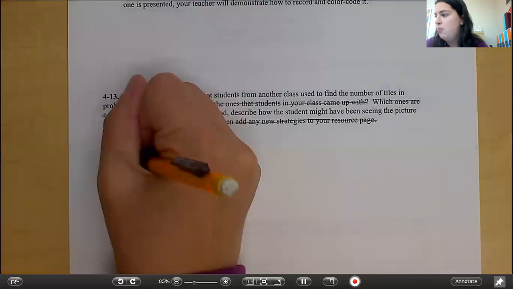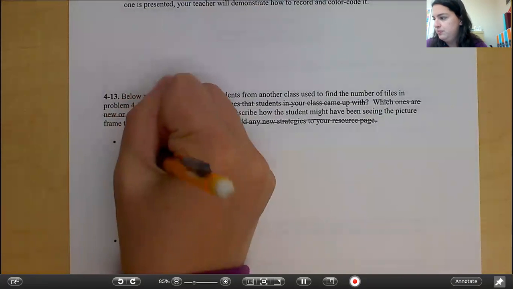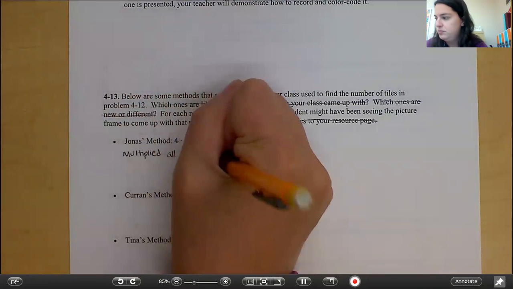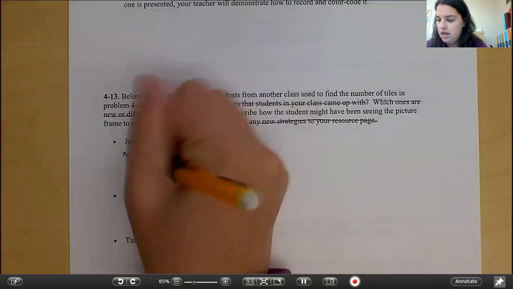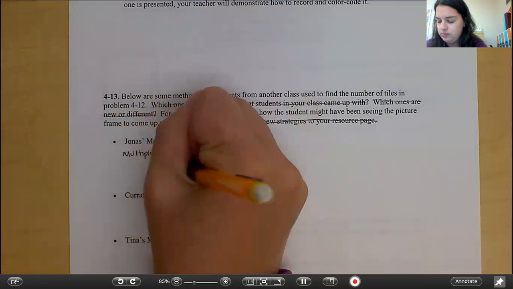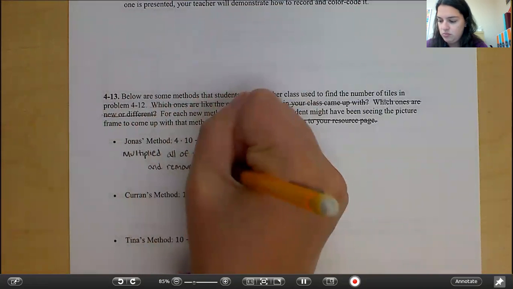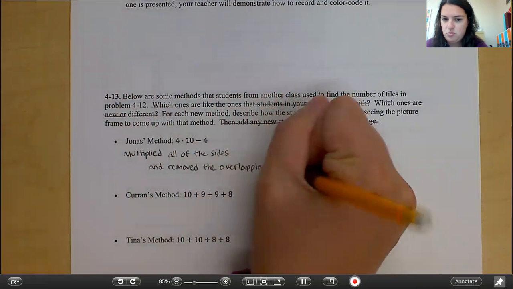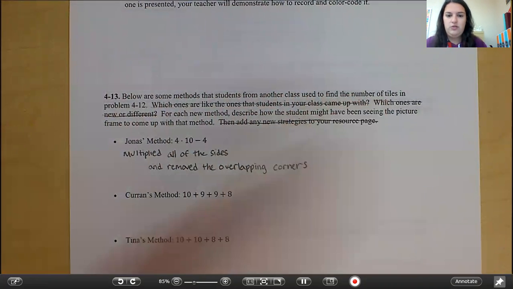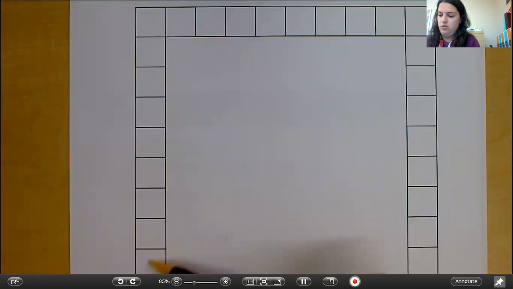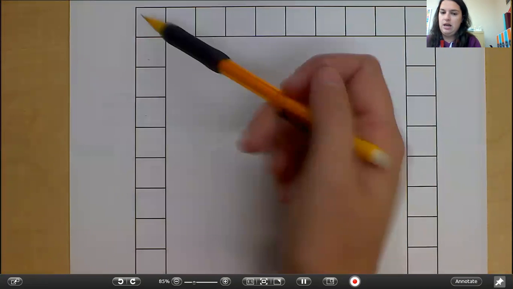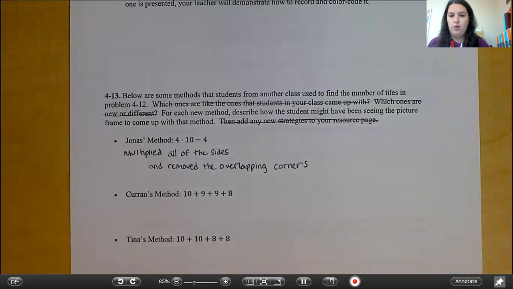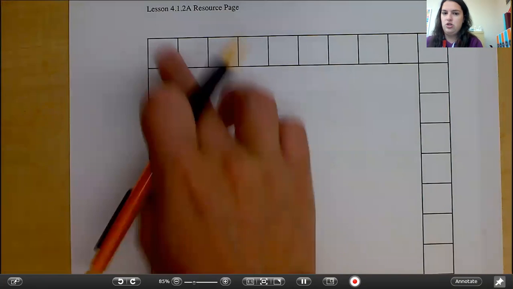So Jonas multiplied all of the sides and removed the overlapping corners. So Jonas figured out that there were 1, 2, 3, 4, 5, 6, 7, 8, 9, 10 on each side. So he did 10 times 4 because there's 4 sides, and then subtracted 4 because he double counted each corner.